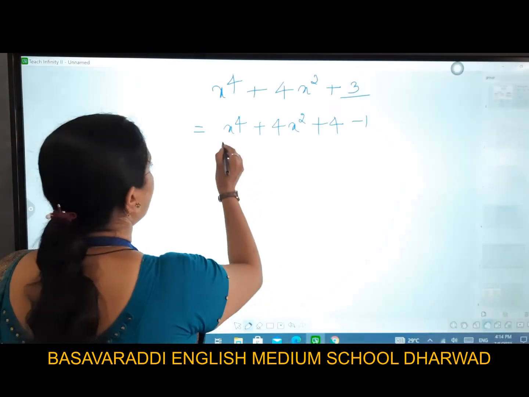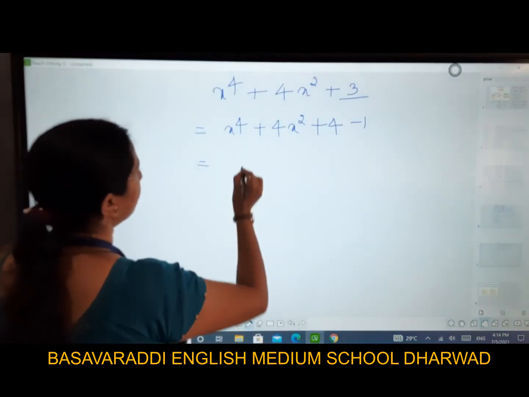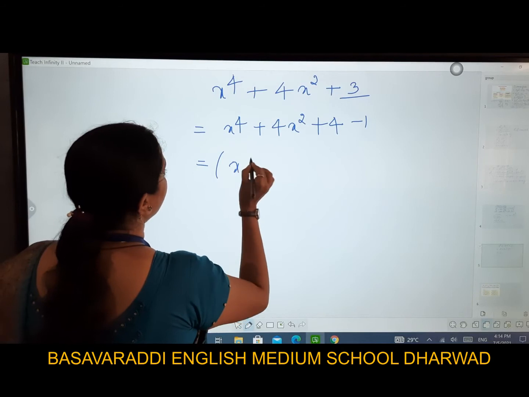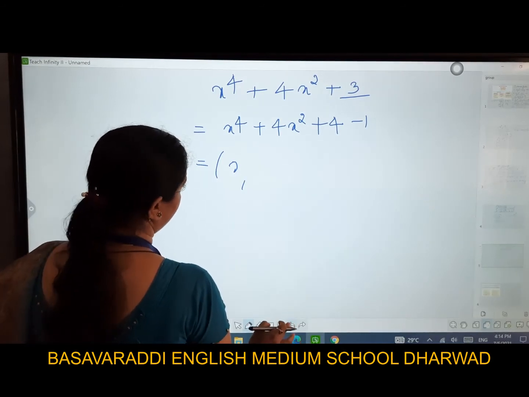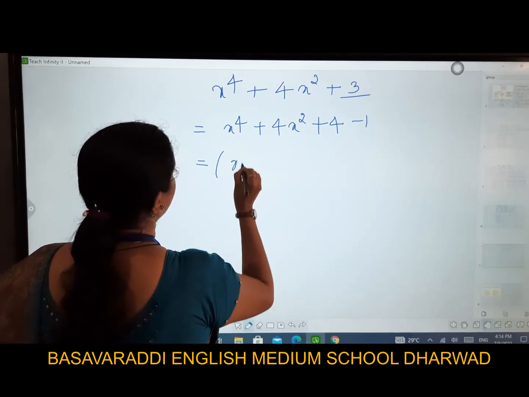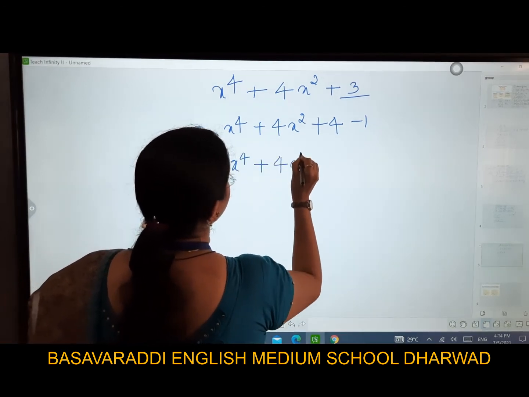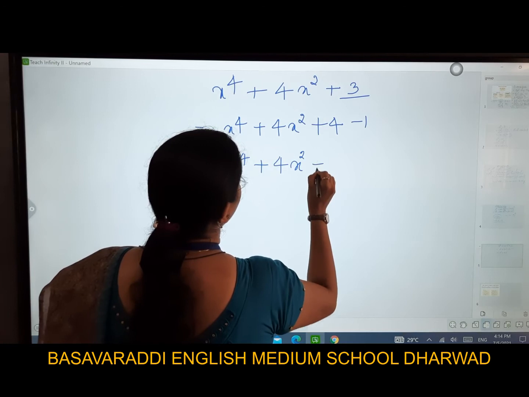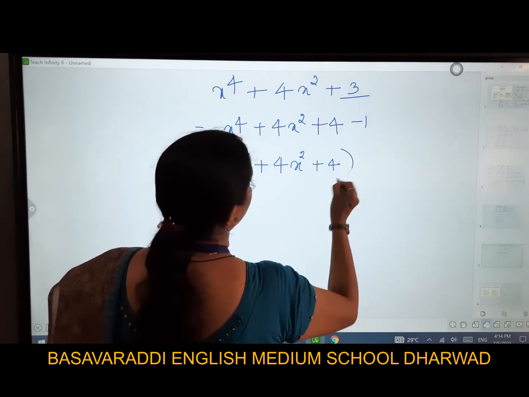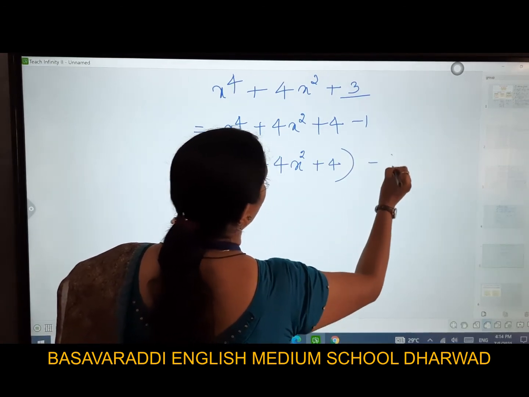Now if you observe here, you have x raised to 4 plus 4x square plus 4 minus 1, I'll write it.